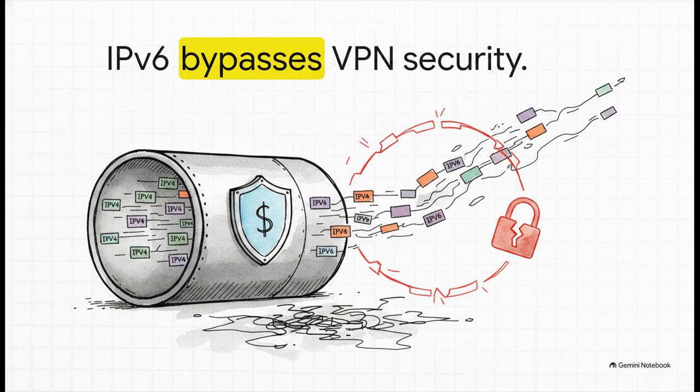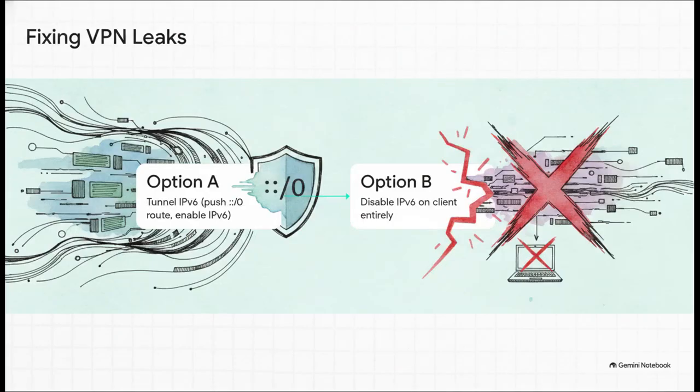Because it's not captured by the VPN interface, the IPv6 traffic bypasses the VPN entirely and goes straight out the user's local internet connection. That exposes their real IPv6 IP address and completely bypasses your corporate firewalls and security policies. Or conversely, the client might just block IPv6 entirely without tunneling it, causing all your dual-stack sites to just drop outright.